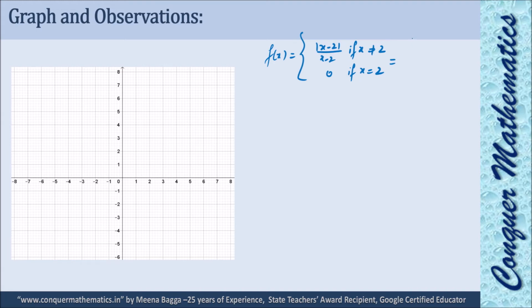It means x minus 2 upon x minus 2 if x minus 2 is greater than 0, that means 1 if x is greater than 2. It is 0 if x equals 2. And minus x minus 2 upon x minus 2, that means minus 1, if x is less than 2.